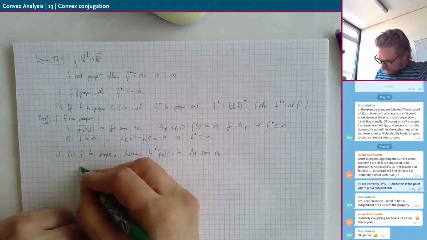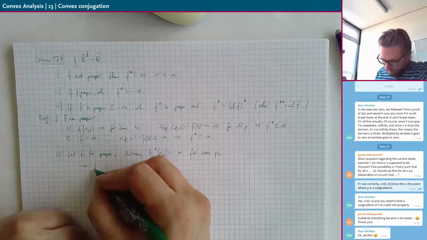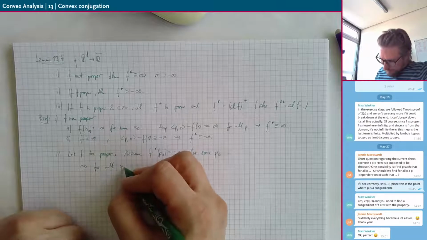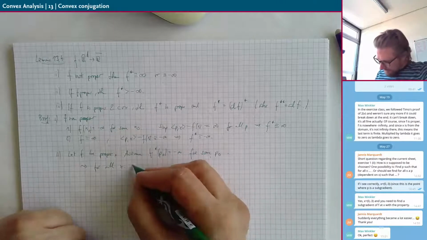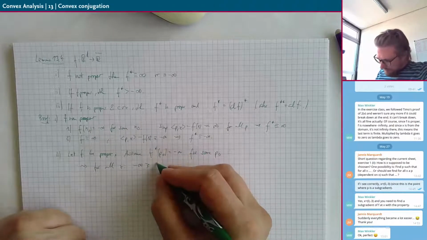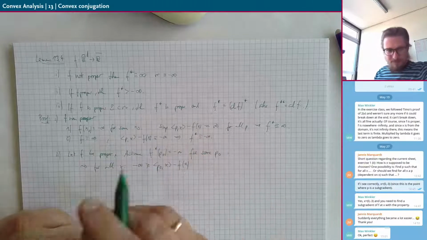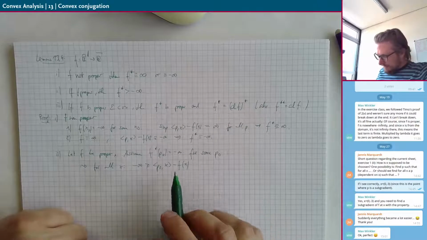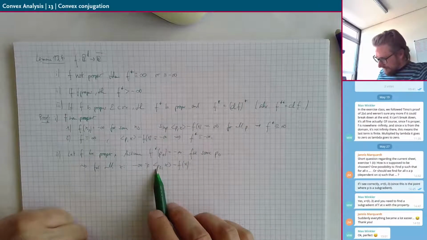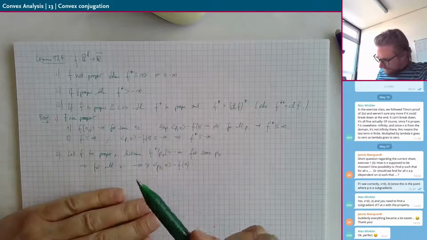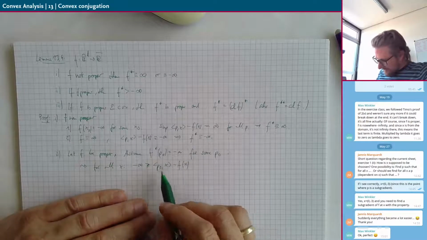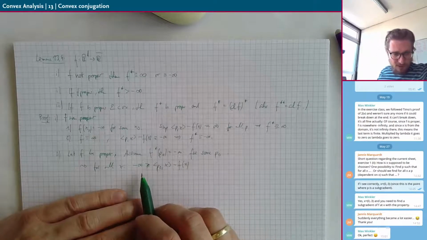But then what we get is that for all x, minus infinity would be larger or equal to p0 times x minus f of x. Yeah, because the supremum over this is that, and if we plug any x in, we still have an inequality.